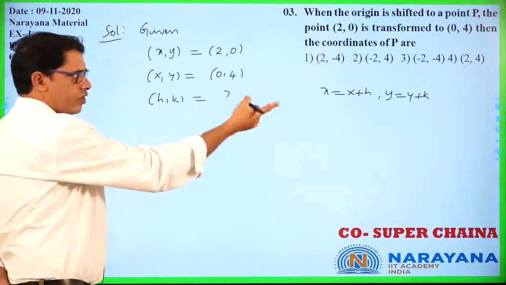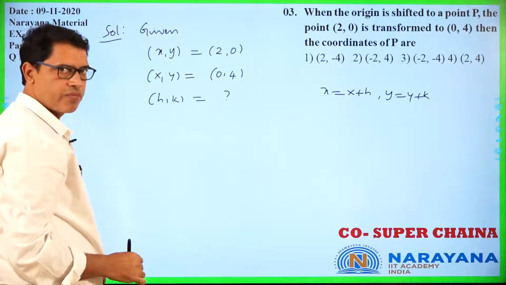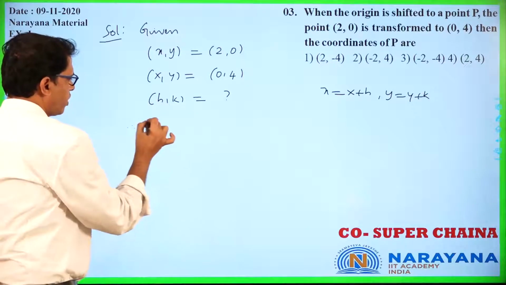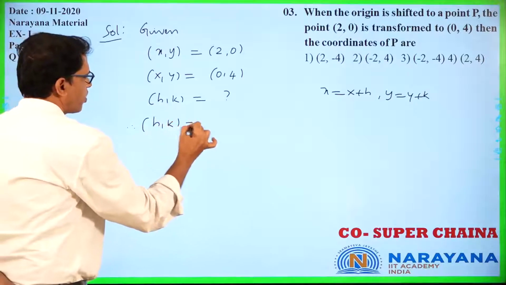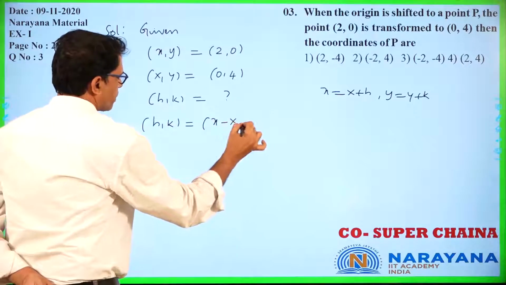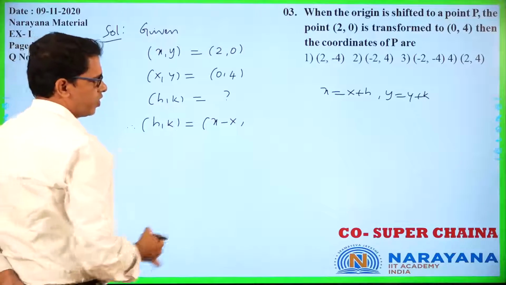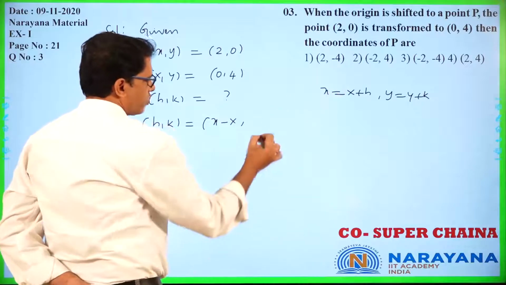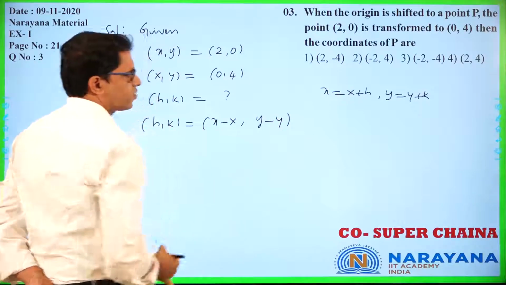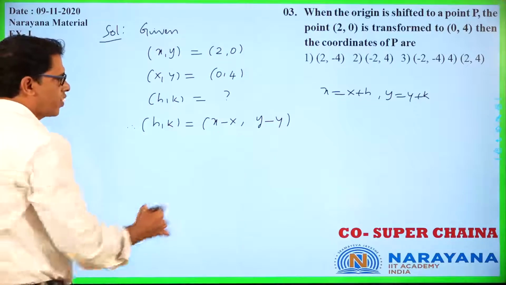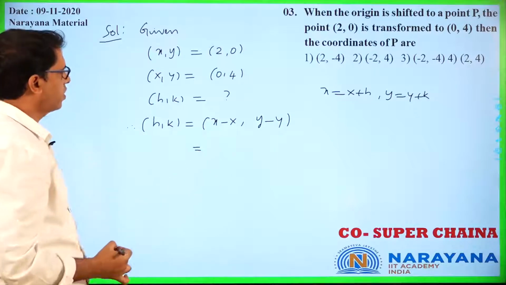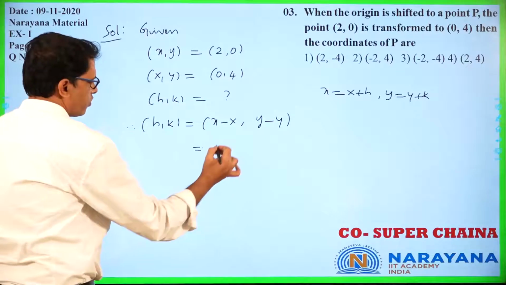So from this one, the value of h is small x minus capital X. Therefore h equals small x minus capital X, okay. Then k equals small y minus capital Y. Now apply the values. Small x minus capital X: 2 minus 0, 2.